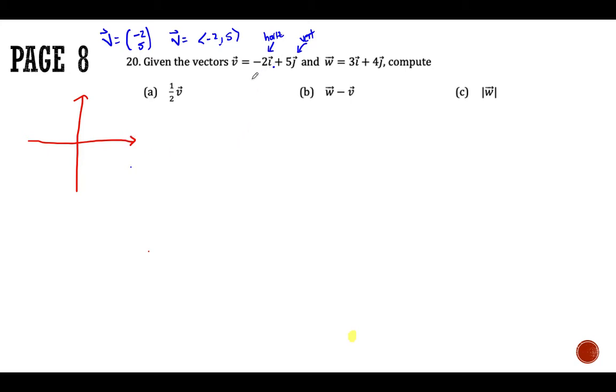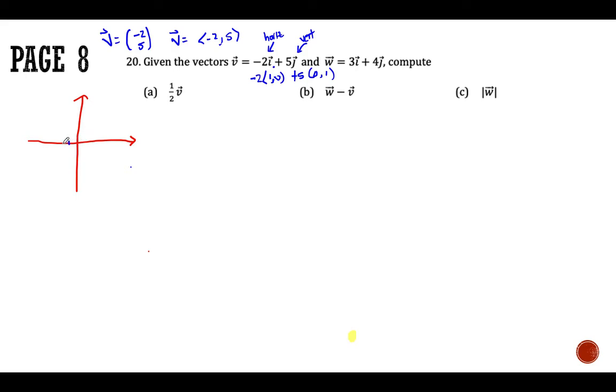Nevertheless, v is -2 times the unit horizontal vector 1, 0 plus 5 times the unit vertical vector, and what that means is basically plot the point -2, 5.